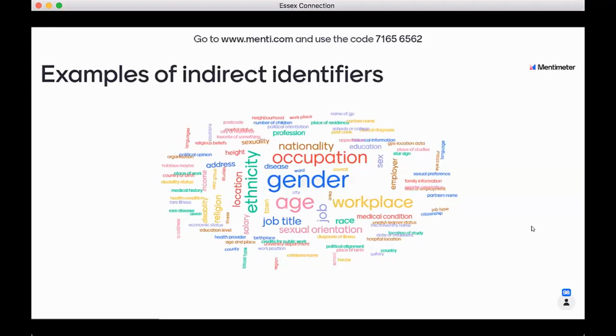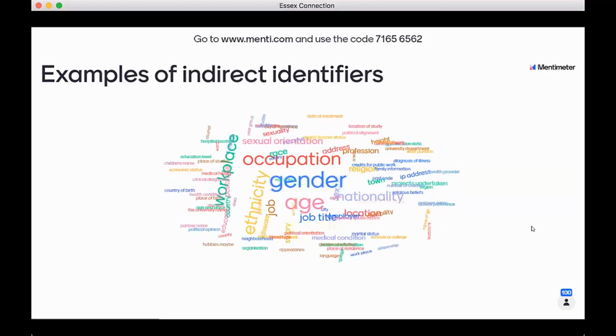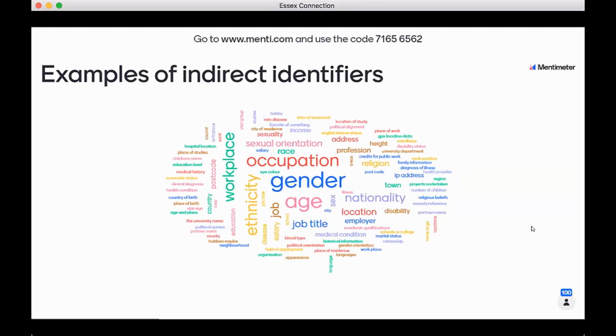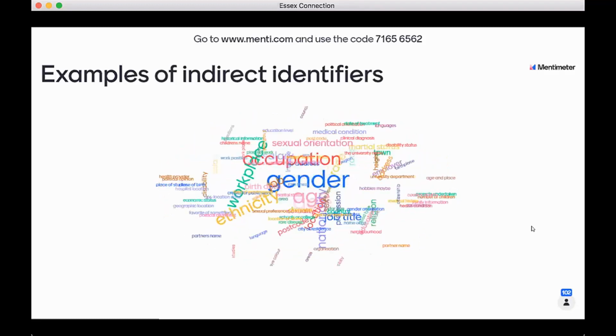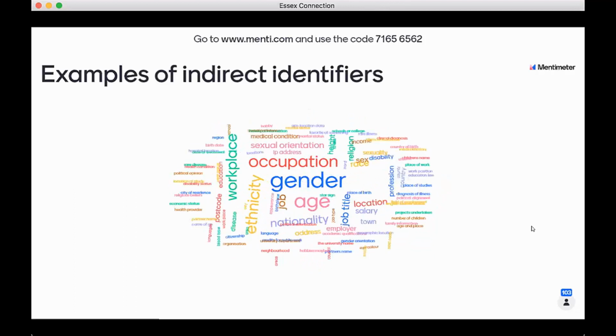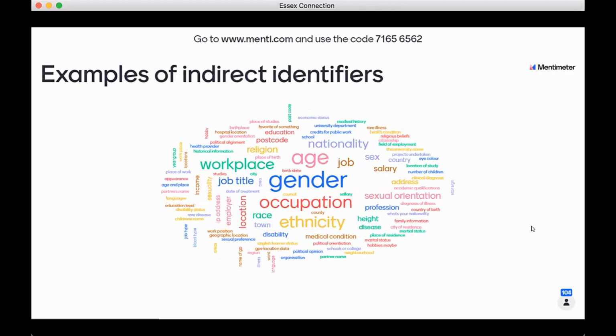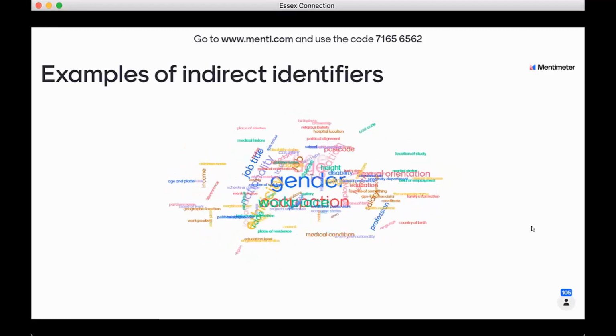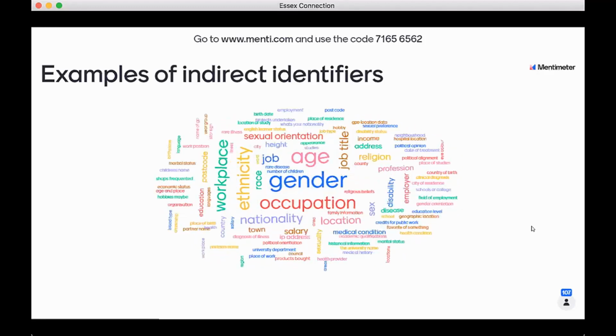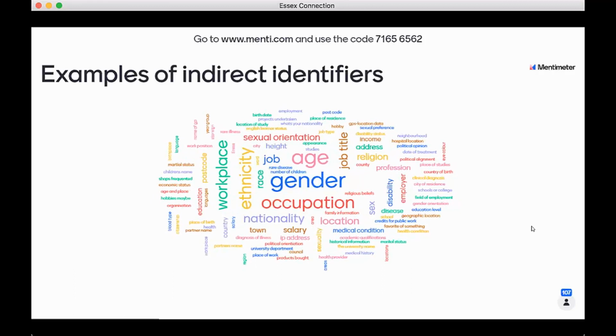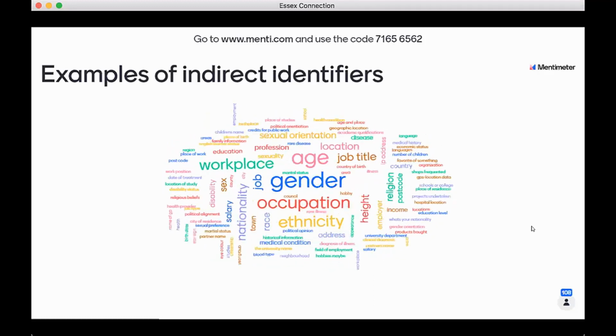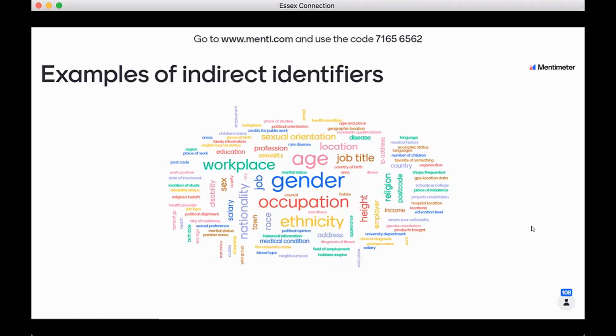The most common answer is gender, and we have age, occupation, nationality, ethnicity, workplace, job, profession, sexual orientation, income, salary, town, medical condition, place of work, employer. Right, so this is very good.